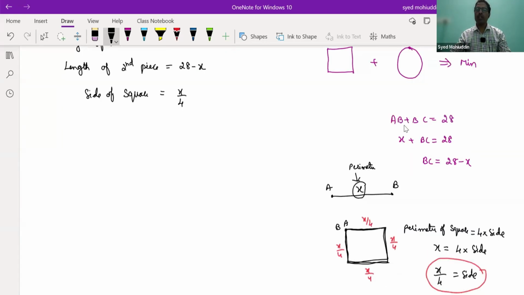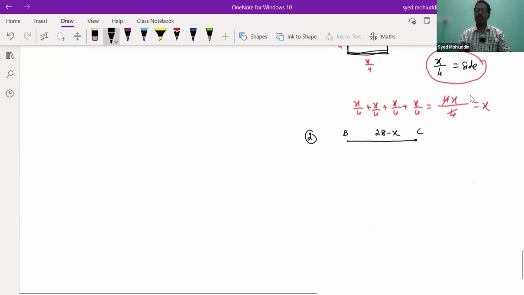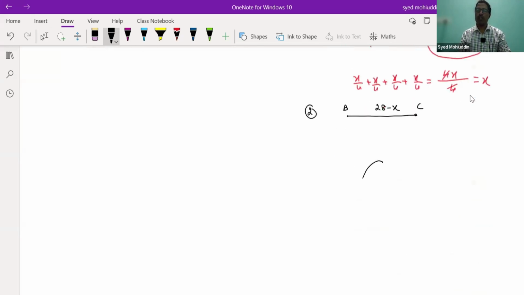Now, similarly, you can go for the circle. So you have from B to C, right? From B to C, what is its length? 28 minus x. Now, using this, you are forming a circle. That means you start from B and return back to C. So B and C are the same point.